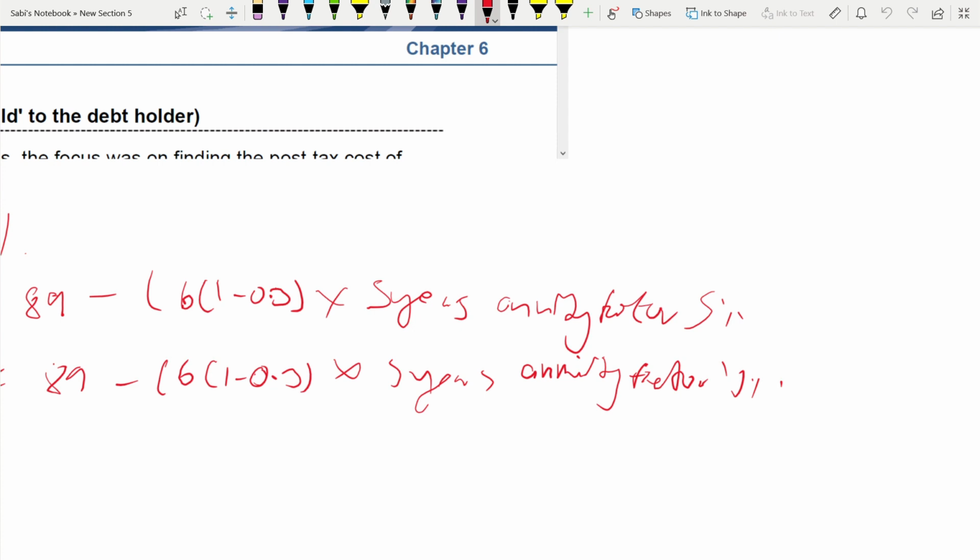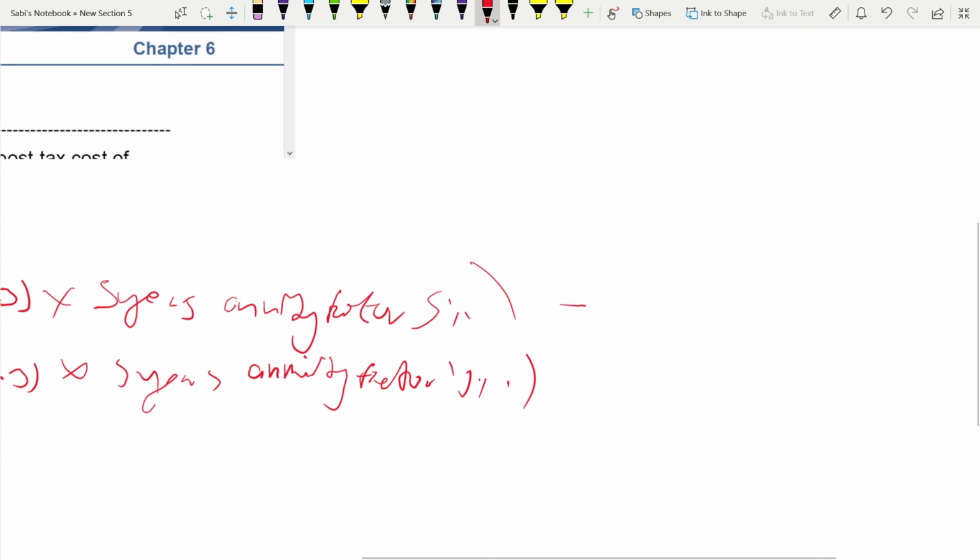The whole thing needs to be minus. It's a long calculation, but what to do, this is AFM. 100 into 5-year 5% discount rate.